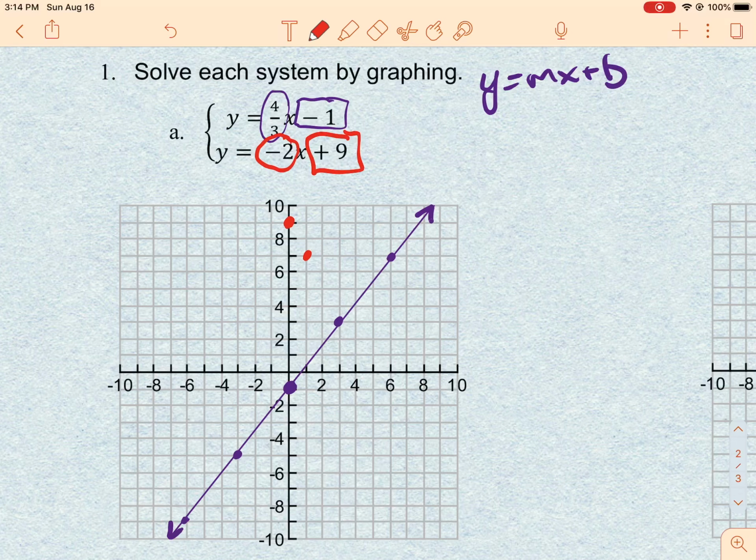So you would continue that pattern all the way through, down 2 over 1, down 2 over 1. Use a straight line to connect them. Include your arrows.